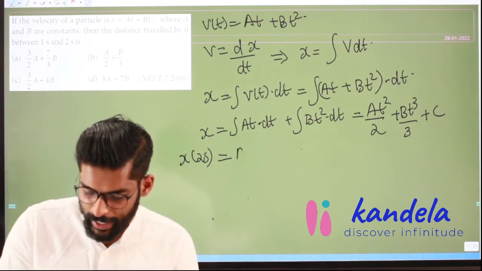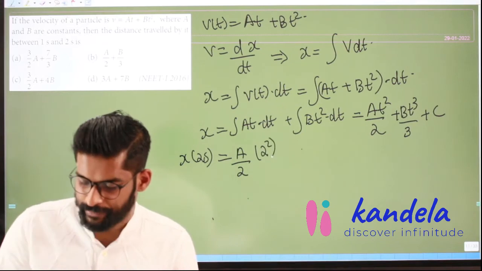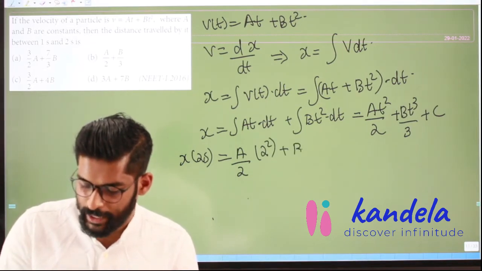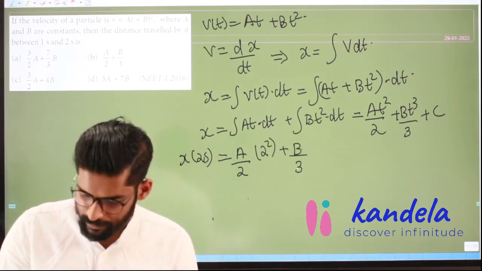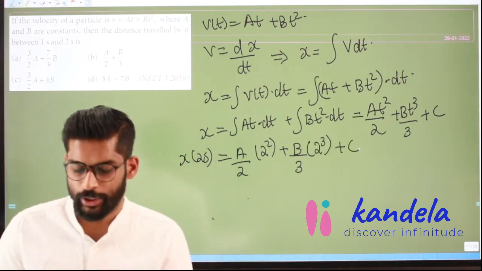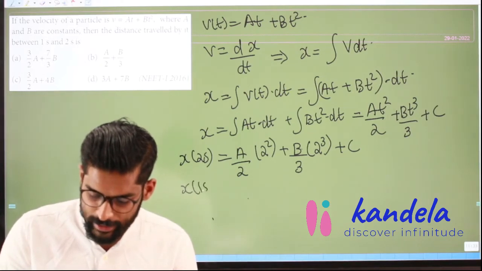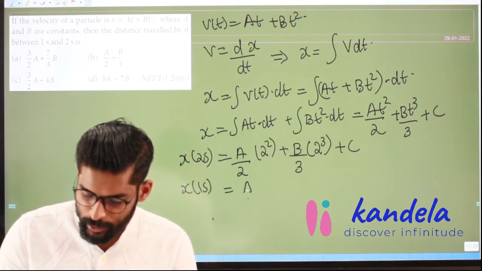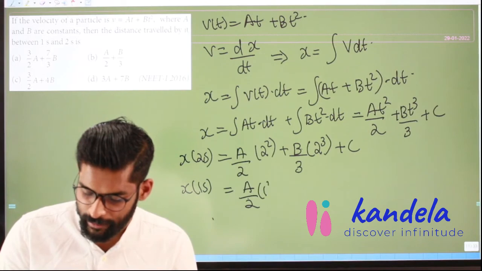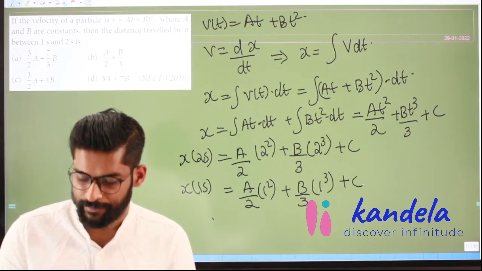So that will be a by 2 into 2 square plus b by 3 into 2 cube plus the constant of integration, and x at 1 second is a by 2 into 1 square plus b by 3 into 1 cube plus c.